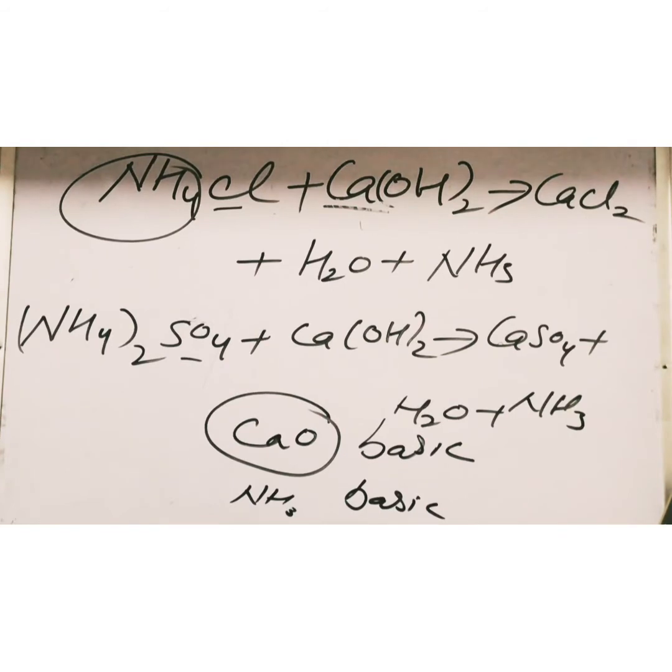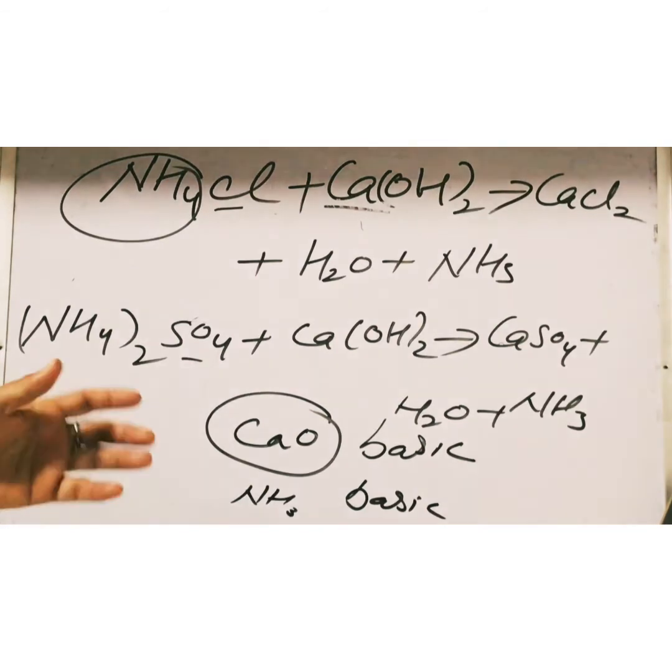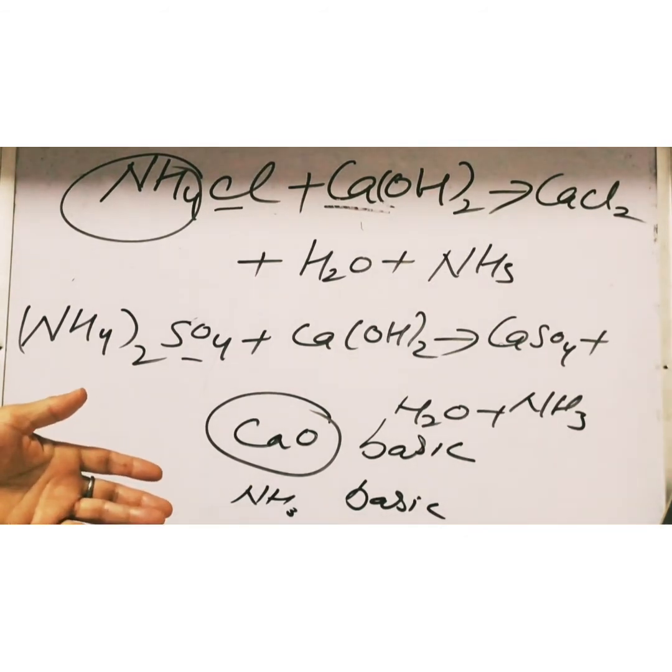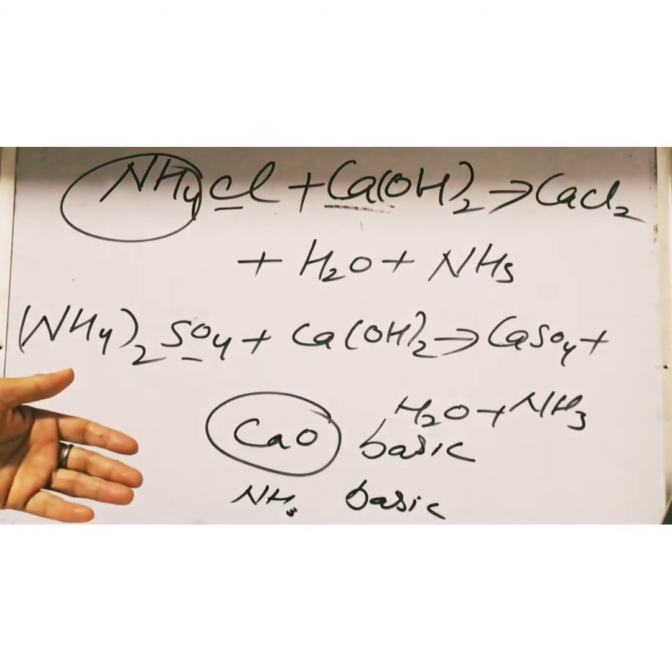After this comes the collection of the gas. The method of collection is downward displacement of air. Air is pushed downward and ammonia gas is collected upward. The reason is that ammonia gas is lighter than air. Because air is downward and ammonia is upward, it is common sense that ammonia is lighter than air.